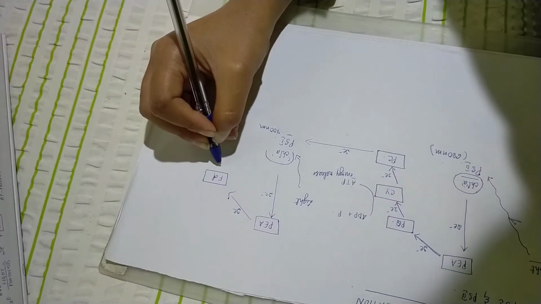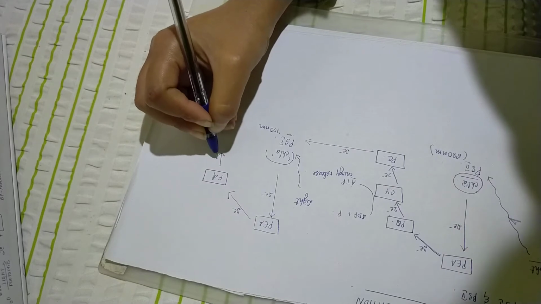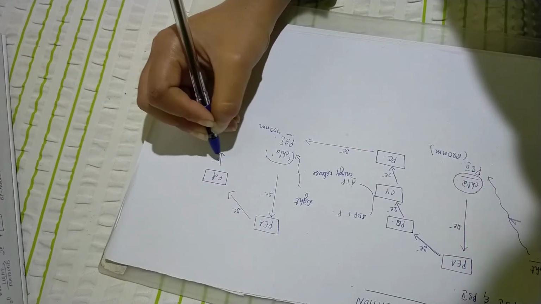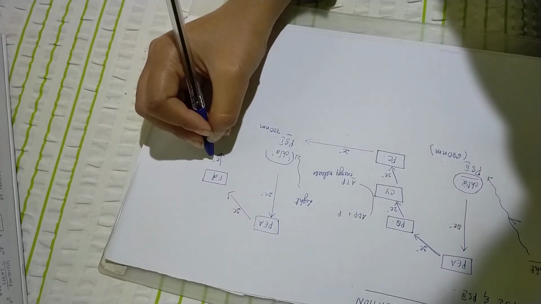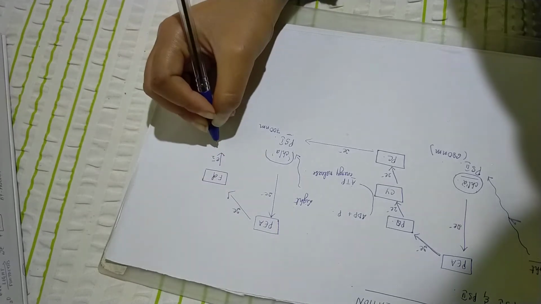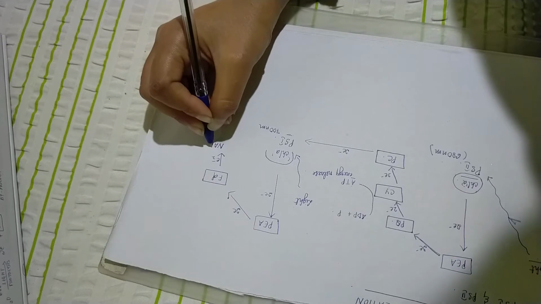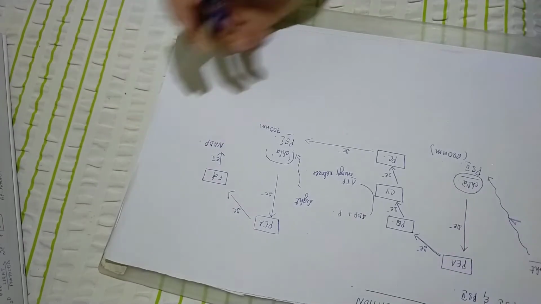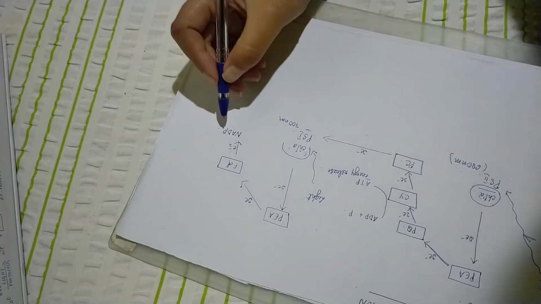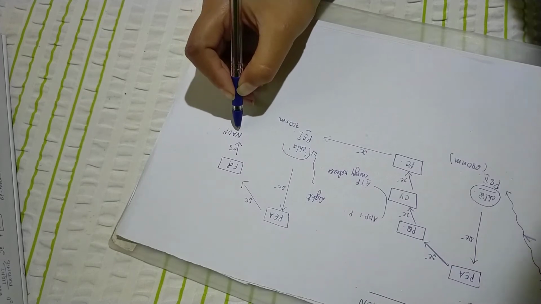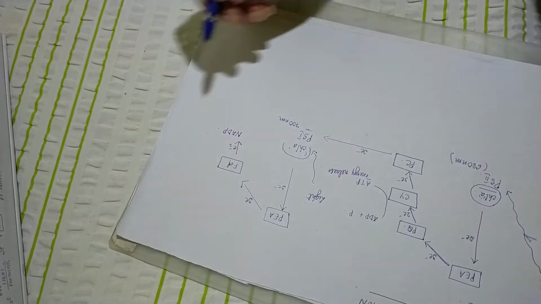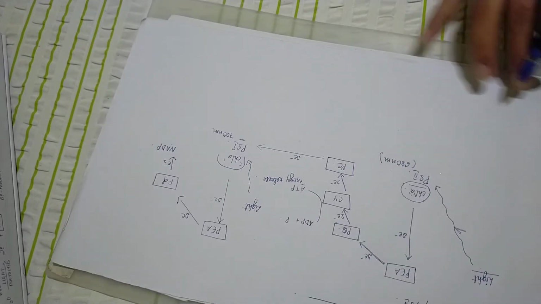From ferredoxin it passes to NADP. So the electron stops here. It does not pass anywhere else. But then the process does not stop here.